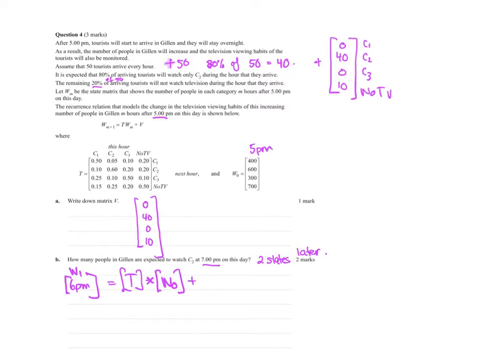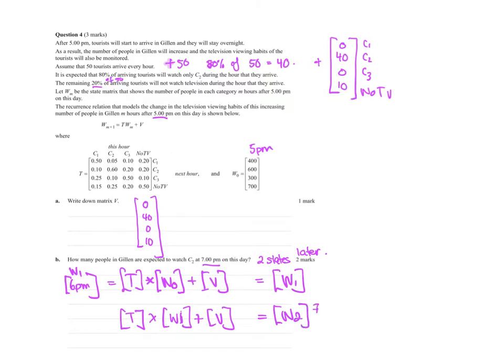And then you'll do plus V, and you'll get an answer for what we call W1. Then you have to do it again, where you do the transition, but you put W1 in here, plus V, and you'll end up with W2, which will be 7 p.m. So we'll do it on the calc.